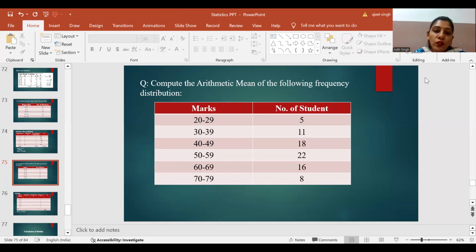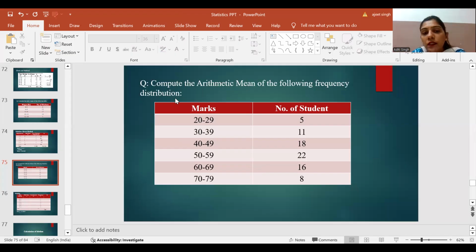As you can see on your screen, the first class interval is 20 to 29 and the second is 30 to 39. After that 40 to 49, 50 to 59, 60 to 69 and 70 to 79.